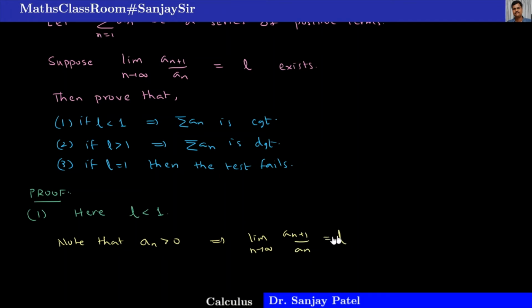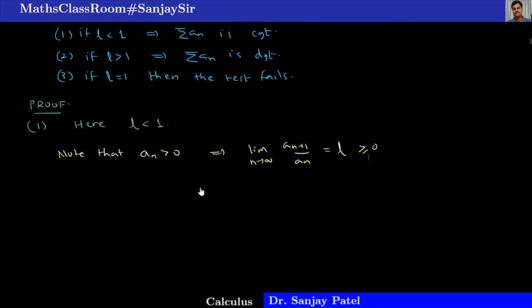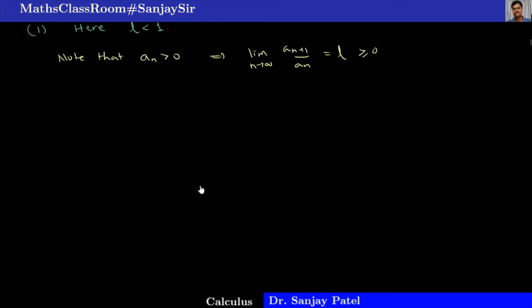So the limit of a sequence of positive numbers is always positive. Okay, it can be greater than or equal to 0. So what I want to do here is, this L is lying between 0 and 1.